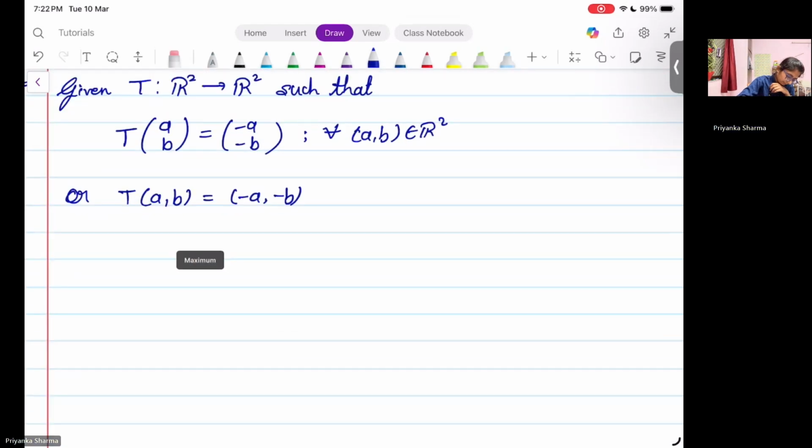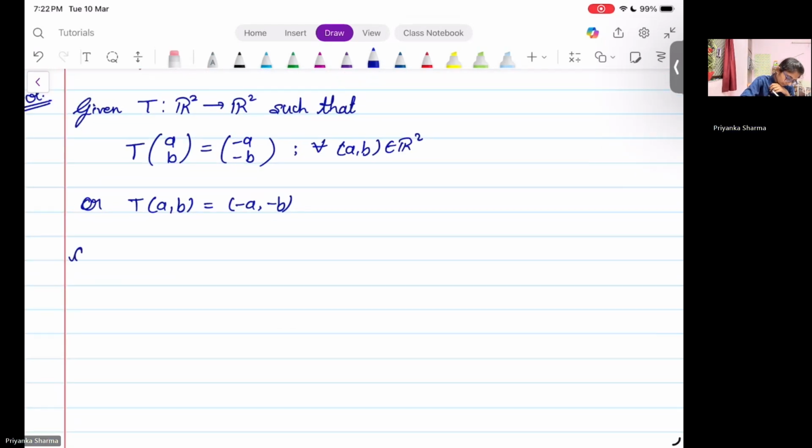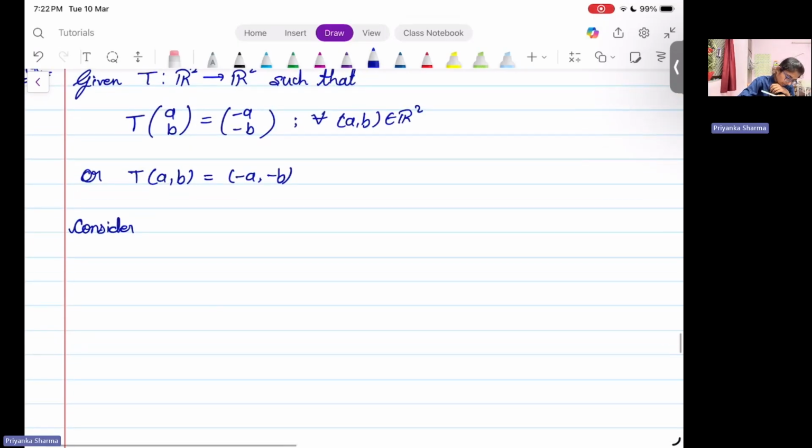So let's check whether this is distance preserving or not.